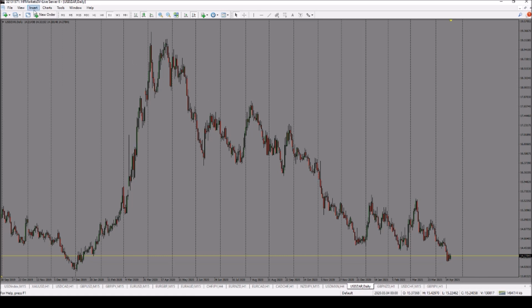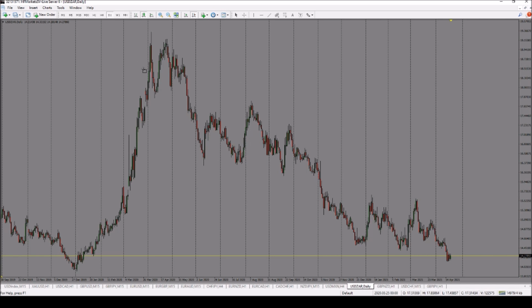So I'll be using the rectangles, which are basically available on most trading platforms, whether TradingView, investing.com or MT4, MT5. These technical analysis tools are available.